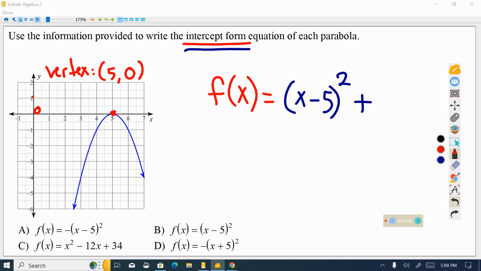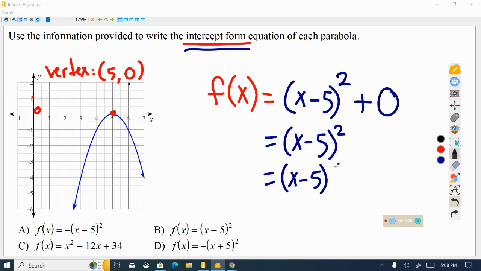And so now, what's going to happen? Well, that tells me that I'm doing plus 0, because again, that's the y component that we have for this vertex. So if I do plus 0, that's just the same thing as nothing. I don't even have to write it. And so the definition of squaring something means to multiply it by itself. So by definition, x minus 5 squared means x minus 5 times x minus 5.